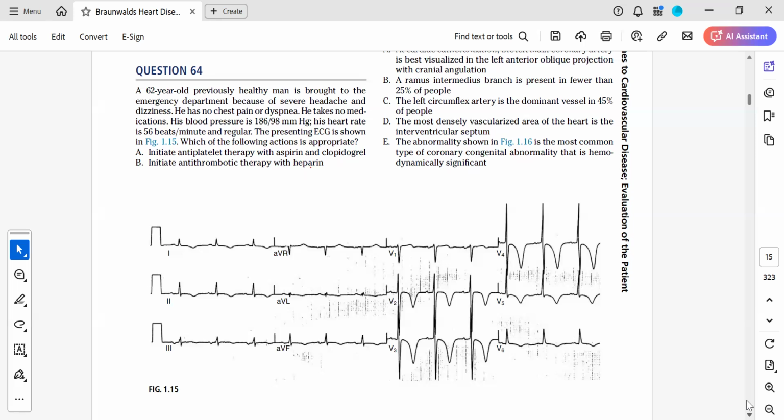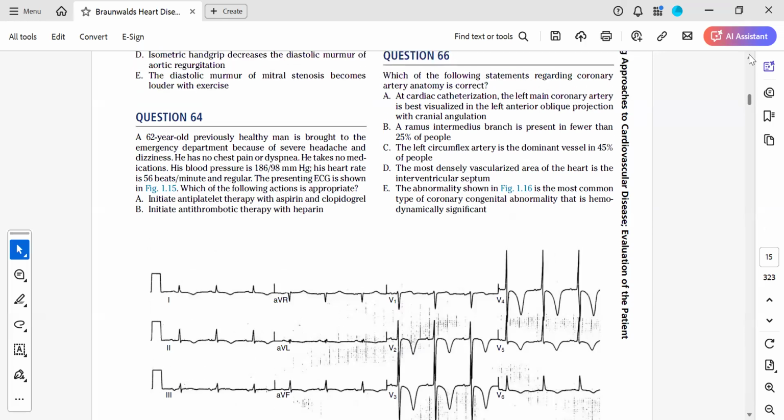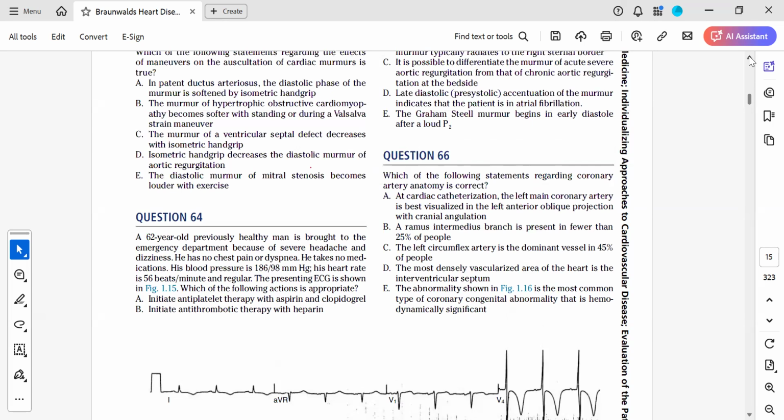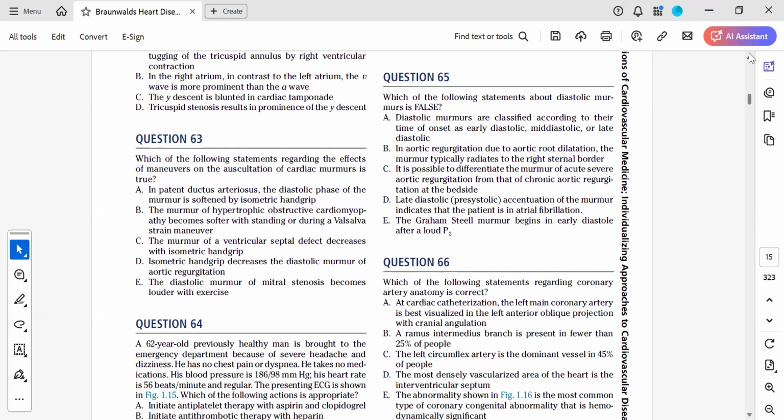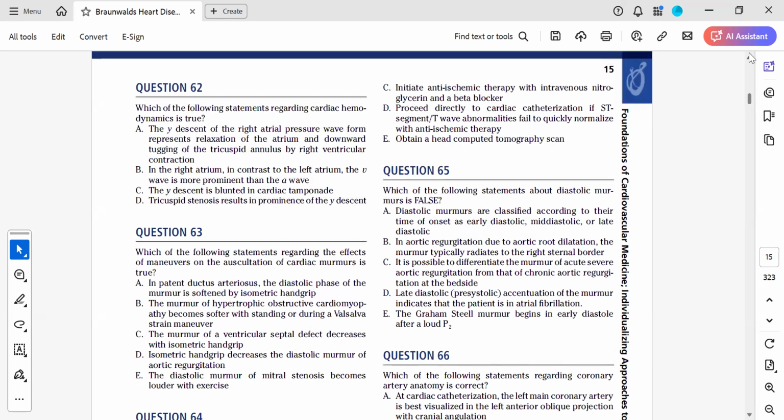So this option is also false. Option C says initiate anti-ischemic therapy with intravenous nitroglycerin and a beta blocker. This option is also false.